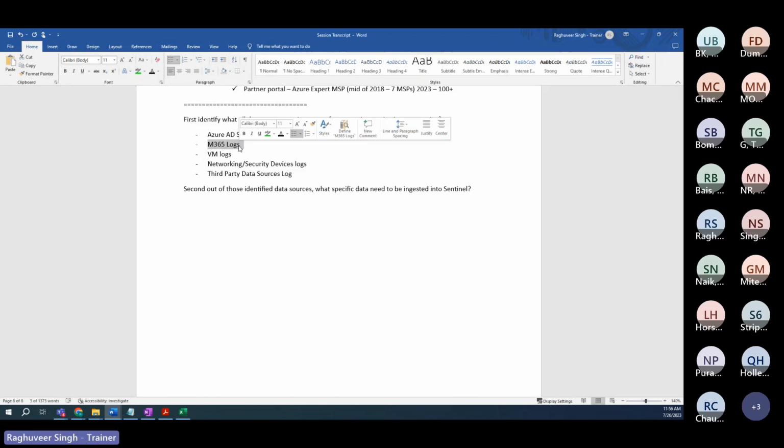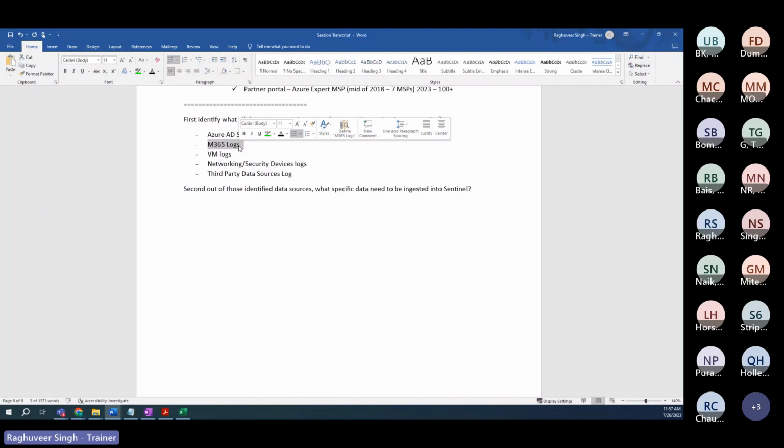But what is your important log? Maybe I'm more focused on failure logs, when somebody is trying to sign into a mailbox and not able to do it, or when somebody is trying to sign into a mailbox from an unusual location, unusual IP address, blacklisted IP address. That's what I want to ingest. That's what I want to collect from a security perspective.